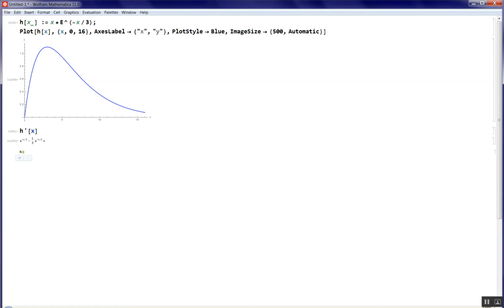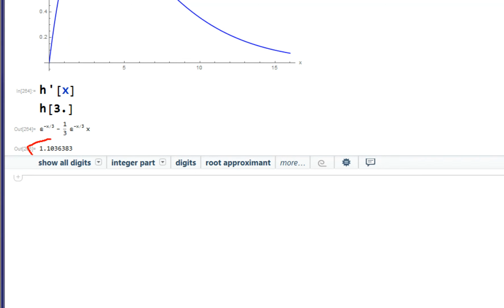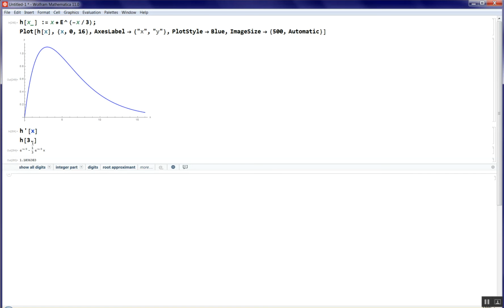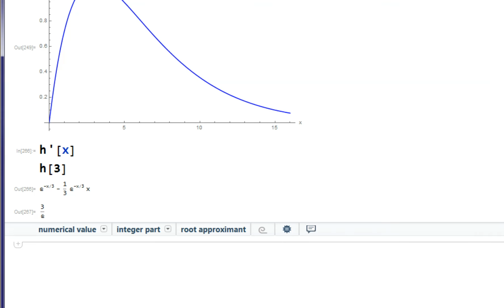The maximum value occurs at h of 3, right? So I compute h of 3. I'm sorry, let me compute h of 3, not 3.0, to get a precise number. So h of 3 is equal to 3 over e.